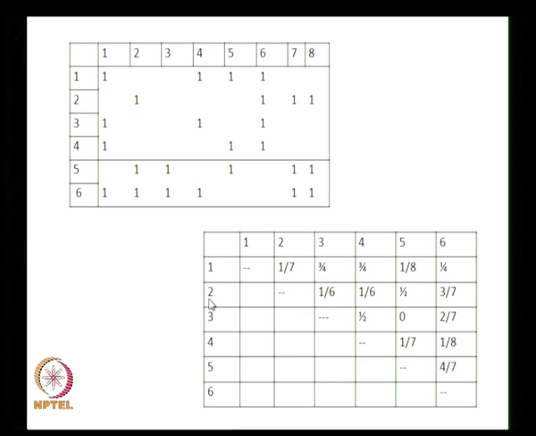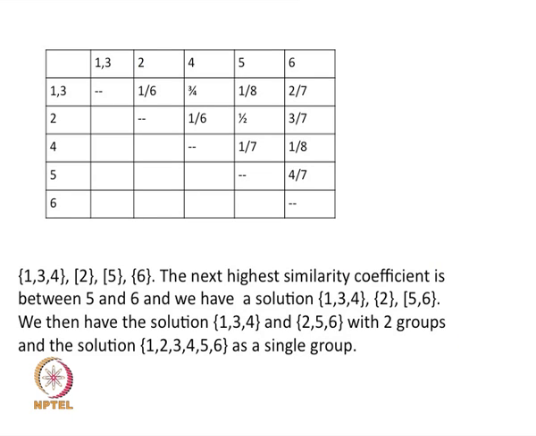To do that, we go back to the earlier matrix. The similarity between 2 and 1 is 1 by 7, and between 2 and 3 the similarity is 1 by 6. So, we go back here.